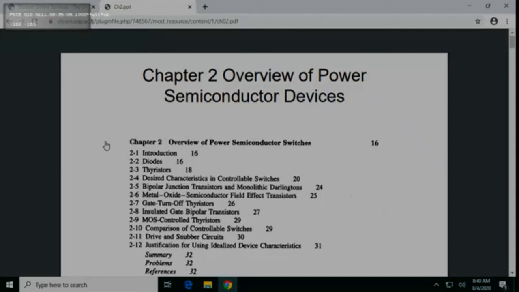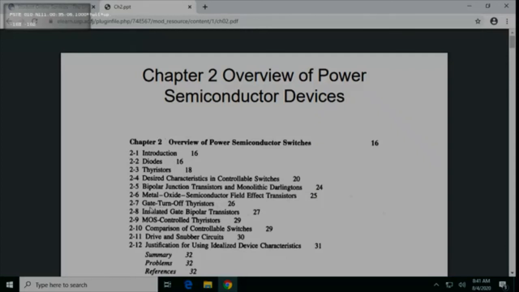Thyristors, desired characteristics of a controllable switch, bipolar junction transistor, and monolithic Darlingtons. MOSFETs, metal oxide semiconductor field effect transistors, very famous. You must have already seen this in EE 212, or 225.